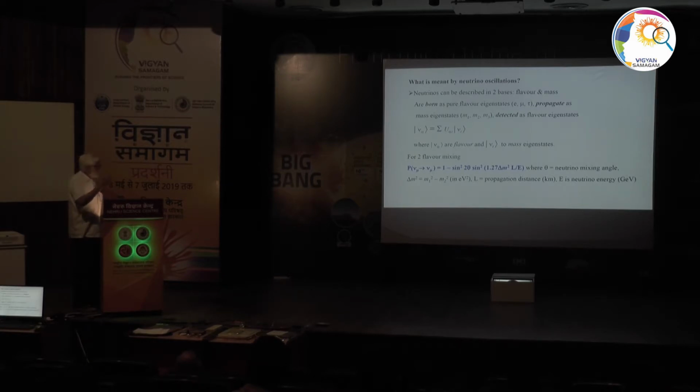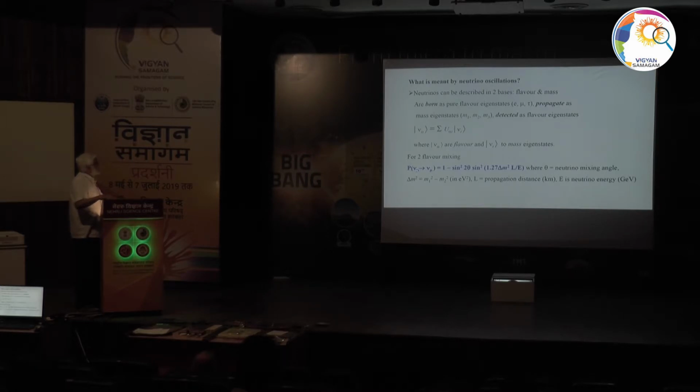With two flavors, the simplification is that you just need one angle to describe the mixing. It's just like you have a coordinate frame and you rotate this coordinate frame and you ask, how can I describe a vector, let us say, in one basis as compared to the other Cartesian basis? And there is a connection between the two. If you work out the quantum mechanics, which is not very hard, I'll just tell you the result.